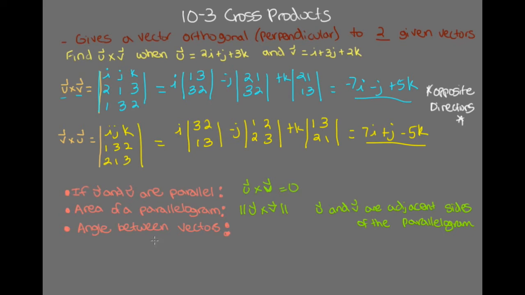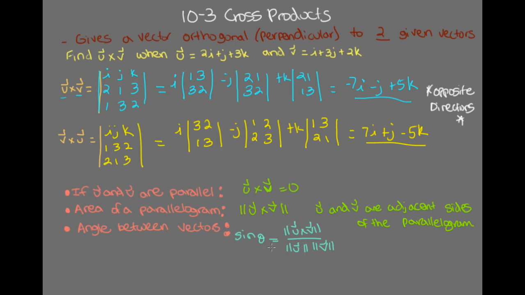Okay, so if you want to find the angle between two vectors, the sine of that angle is equal to the magnitude of the cross product of u and v divided by the magnitude of the individual vectors. And this is actually very similar to one of our other properties of just plain 3D vectors, so make sure you don't get confused.